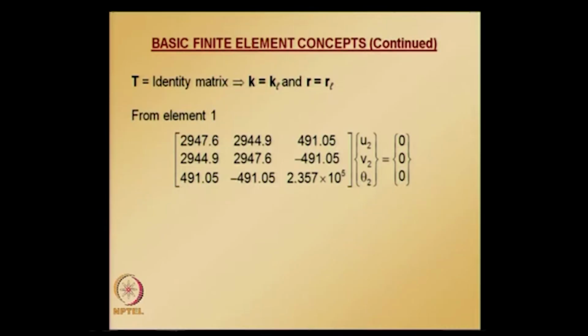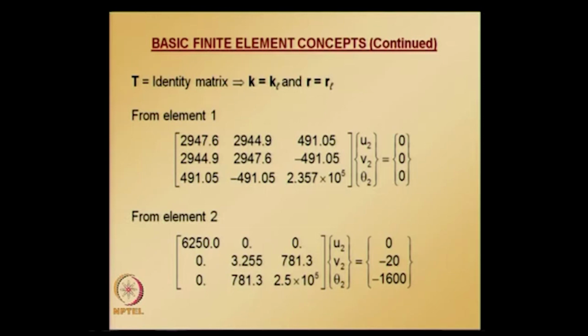And from element 2 also. Element 2 is connecting nodes 2 and 3, and it is in the direction of the vector which goes from node 2 to node 3. So the values in the upper quadrant of the element 2 stiffness matrix contribute to the reduced equation system, and that is what is written here for element 2.